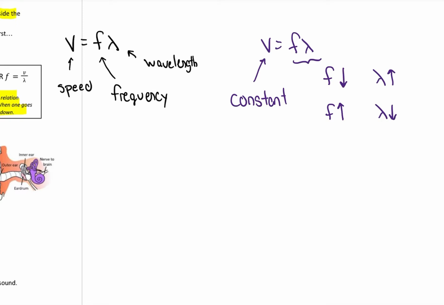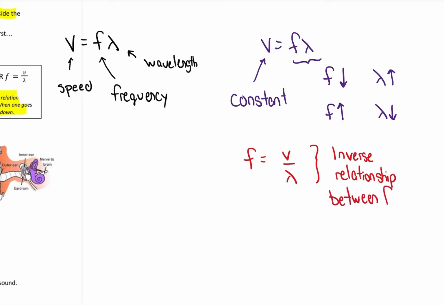Or if I rewrite it, instead of v = fλ, I say f = v/λ, the v is a constant. Maybe this makes more sense to the math people out there. There's an inverse relationship between f and lambda.